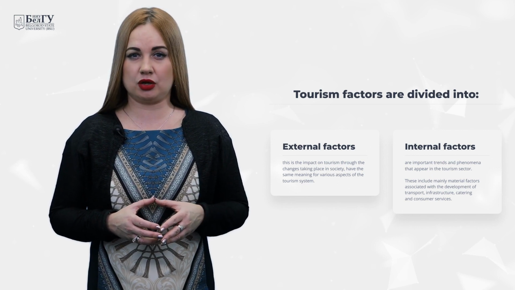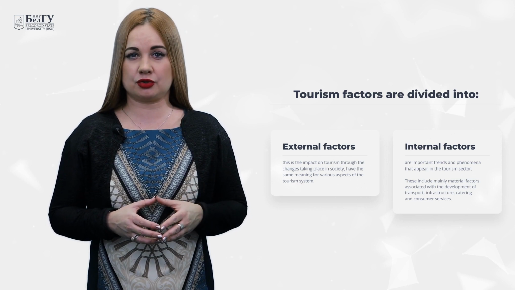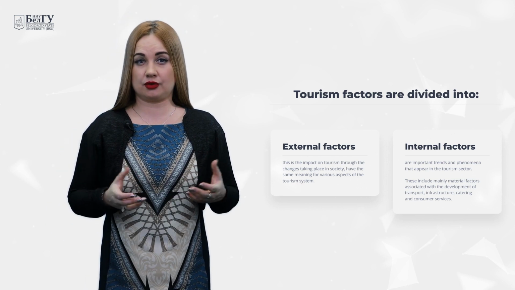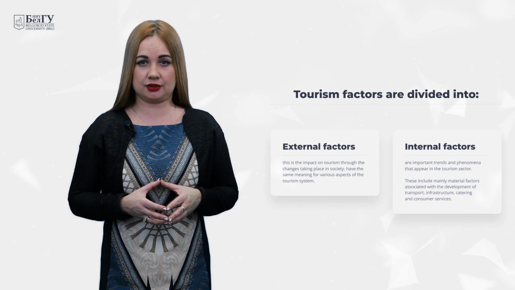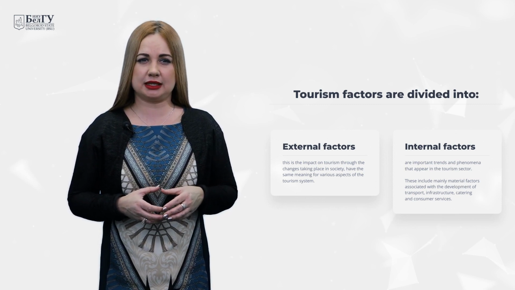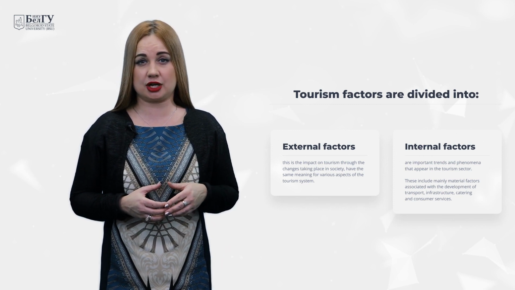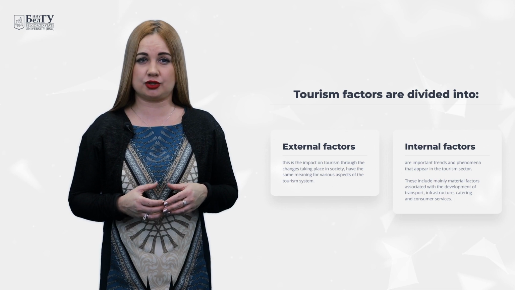For example, the following external factors can be distinguished: natural, cultural, social, economic. Internal factors are important trends and phenomena that appear in the tourism sector. These include mainly material factors associated with the development of transport, infrastructure, catering, and consumer services.